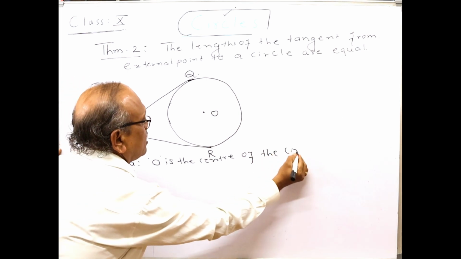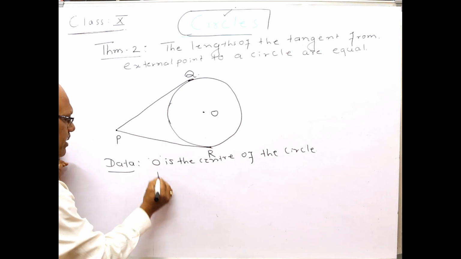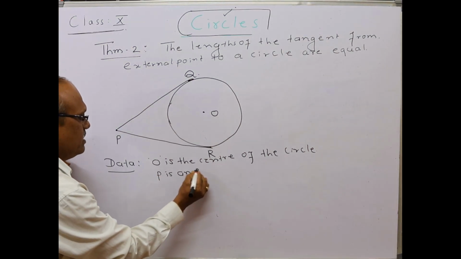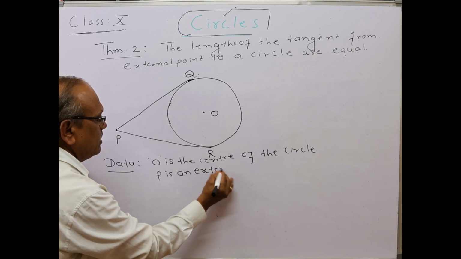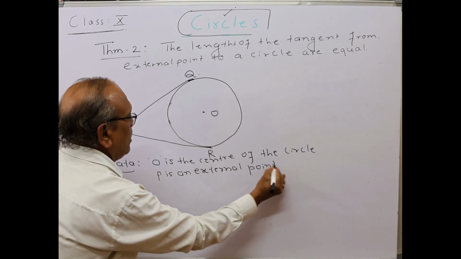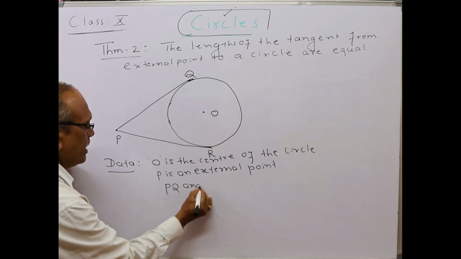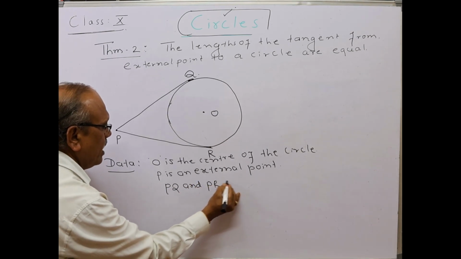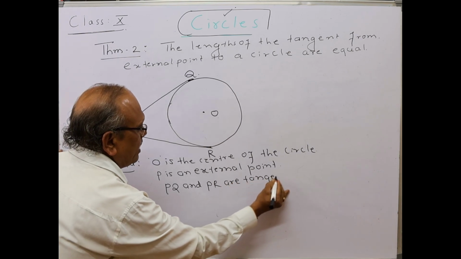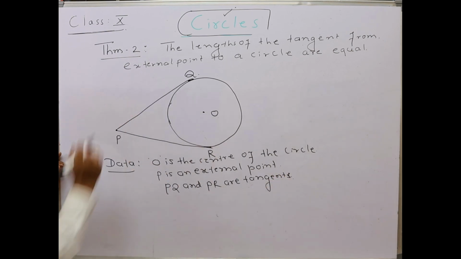P is an external point. PQ and PR are tangents. Okay. Yes. First work is over, diagram is over.